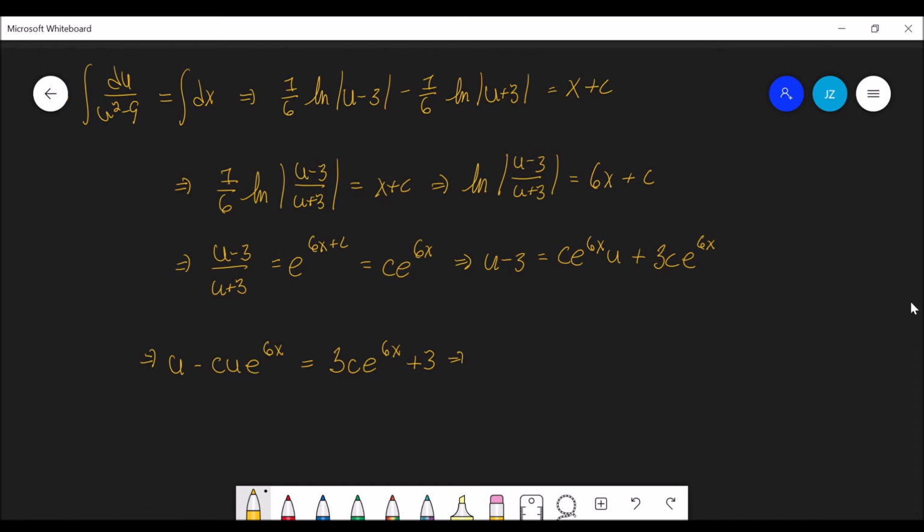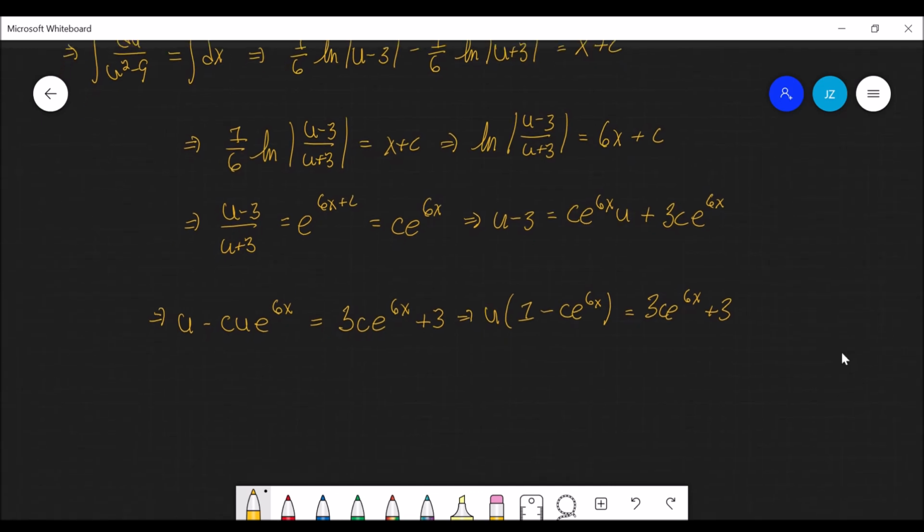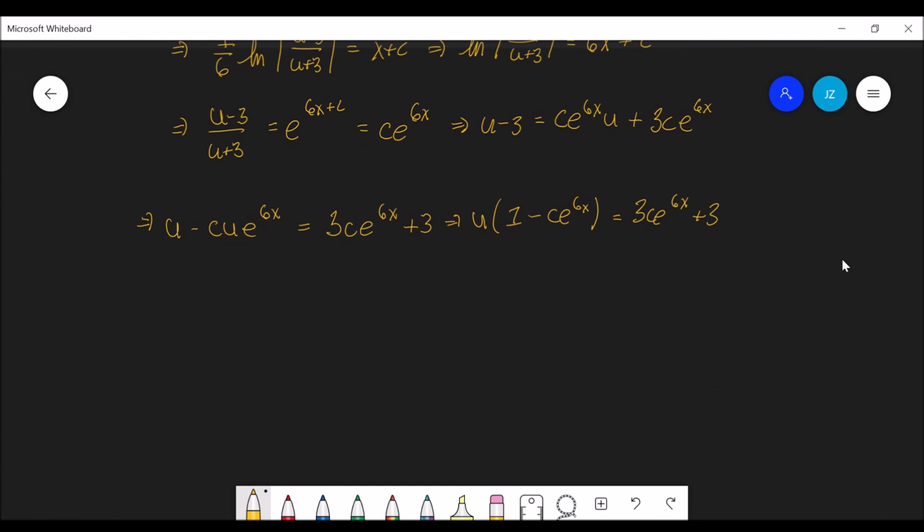Factor out that u, we get u times 1 minus ce to the 6x. Now, divide by the 1 minus ce to the 6x, and we get u is equal to 3ce to the 6x plus 3 all over 1 minus ce to the 6x. Or we can factor out that 3 and be left with ce to the 6x plus 1 all over 1 minus ce to the 6x.